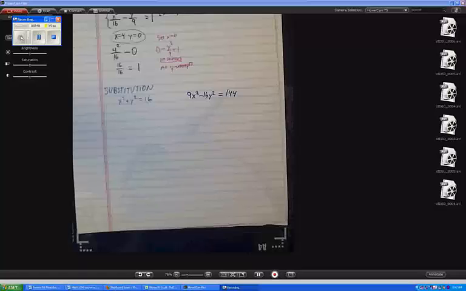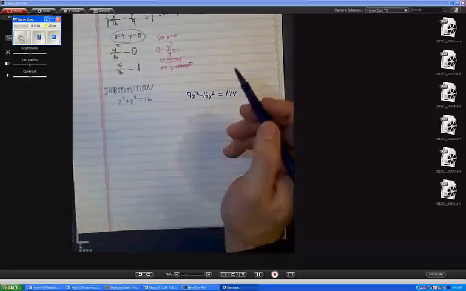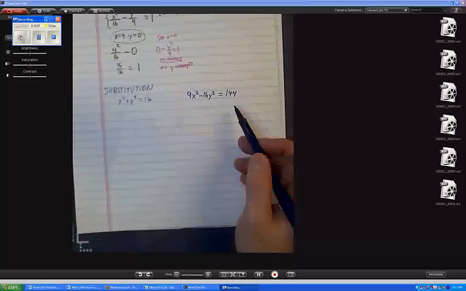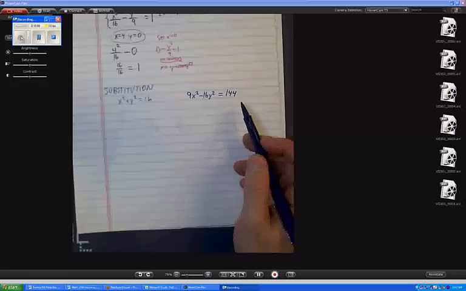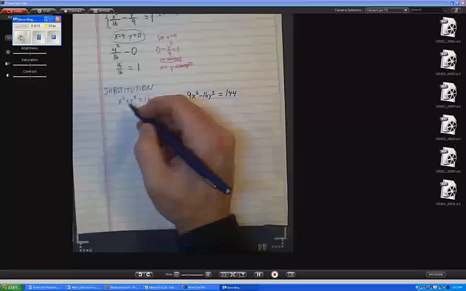Now, you notice in this problem, it's not like the parabola problem. I don't have any y that just is sitting there by itself. But I'm going to do this.